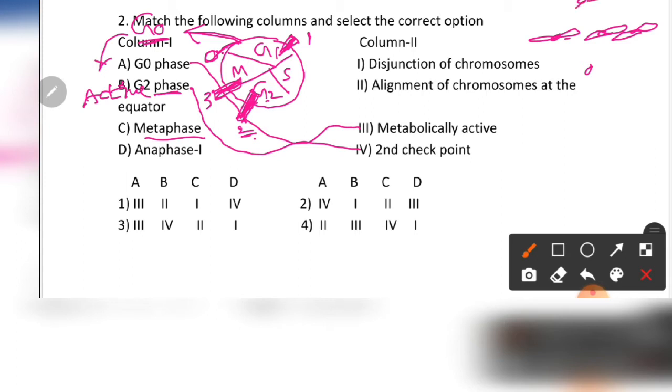From the centriole, spindle fibers are attached to the kinetochore, so all the chromosomes are aligned on the equatorial plate. This is metaphase. So metaphase is related to alignment of chromosomes at the equator. Next, anaphase. Before going to anaphase, we need to think about metaphase 1.